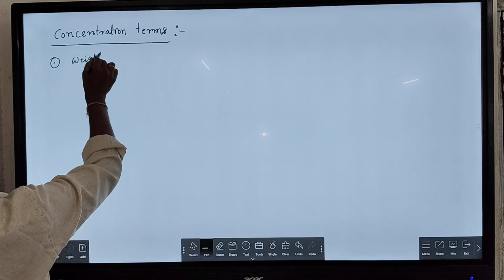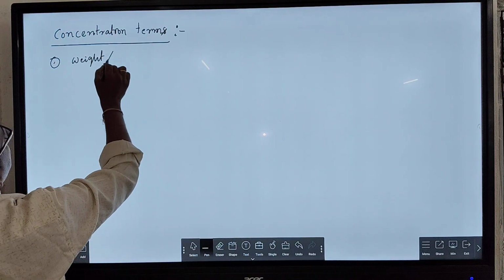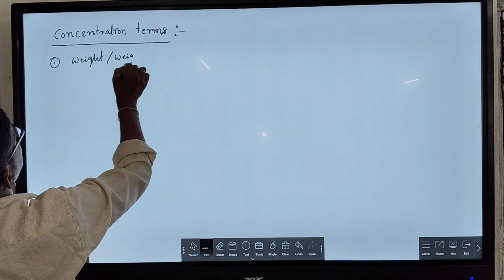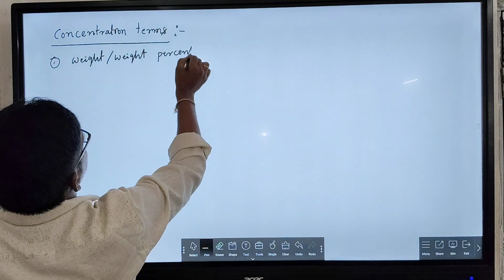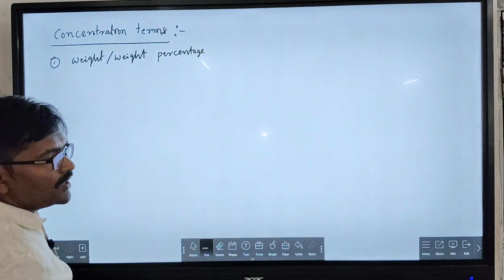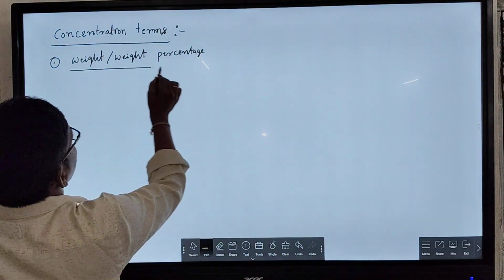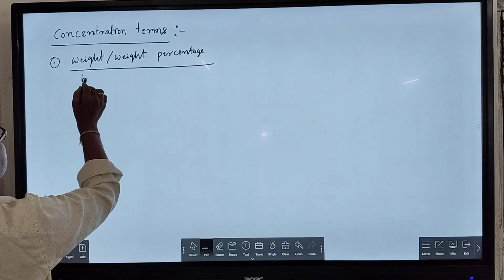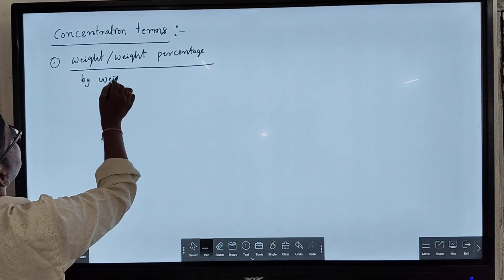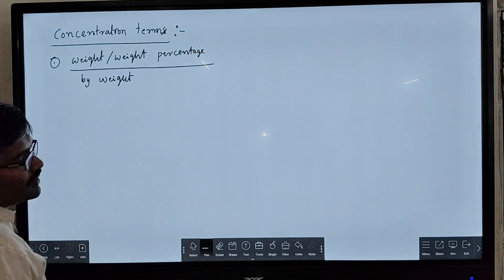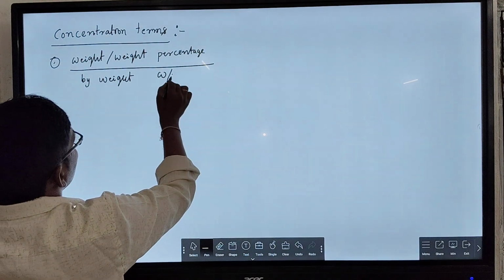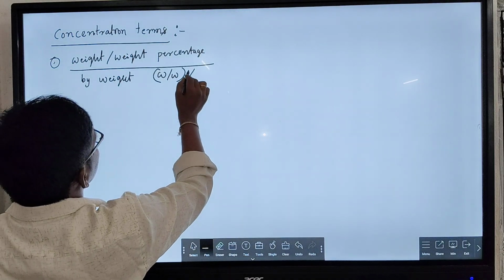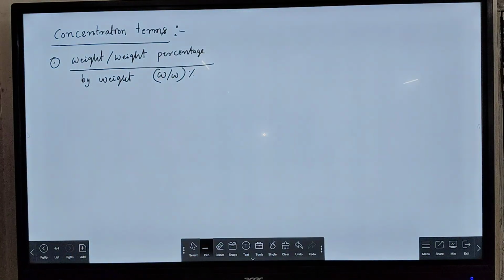weight by weight percentage. Otherwise we call it by weight, or it is also represented like this, W by W percentage.